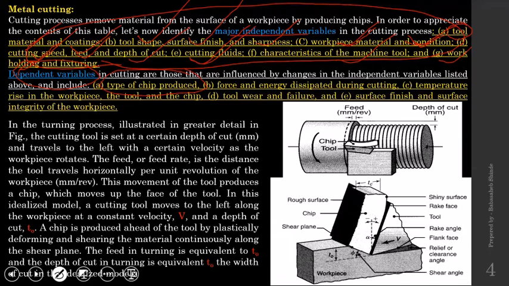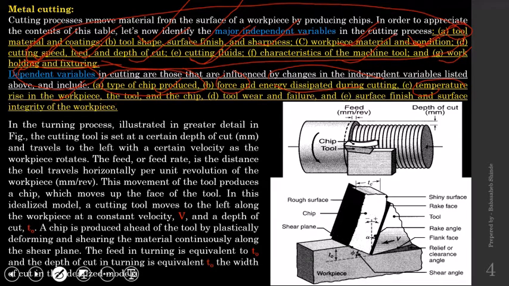We are going to discuss this in an upcoming slide, but the types of chip produced will be dependent on those independent variables. The amount of forces generated and energy dissipated during cutting would be a result of the variation in independent variables. The amount of temperature generation or temperature increase will also be a result of that change in input variables.